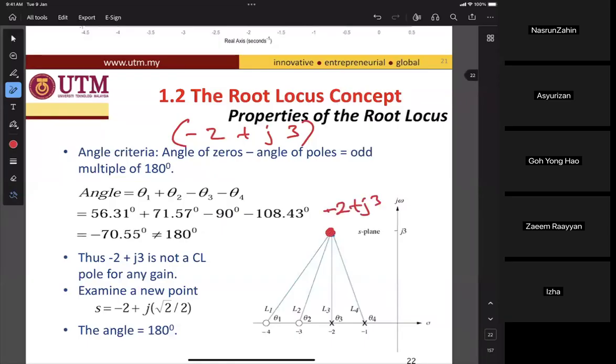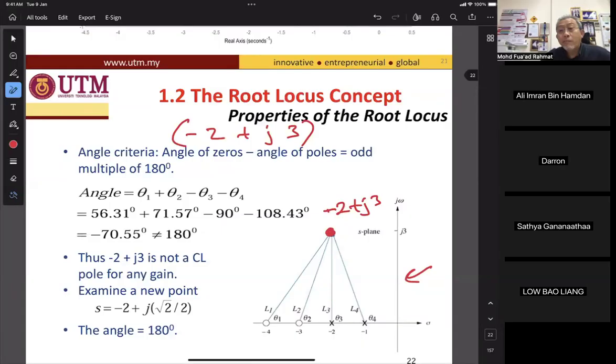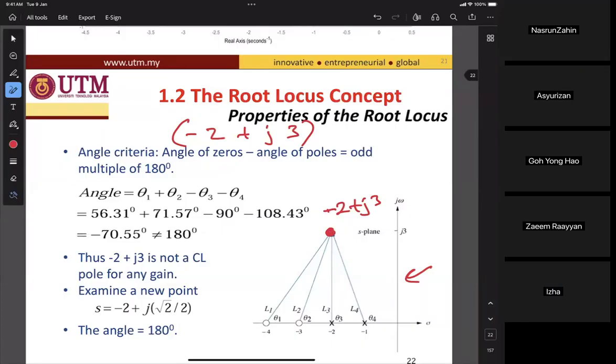Okay, so we measure the angle. How do we measure the angle in this diagram? Izhar, how do we measure the angle? Theta 1, theta 2, theta 3, theta 4. Using what?